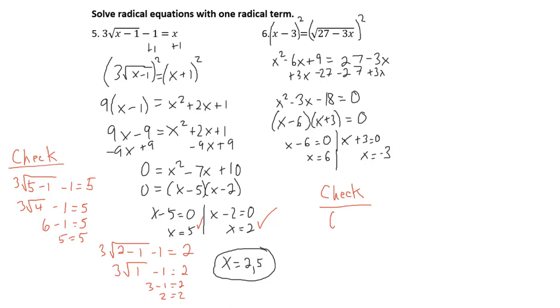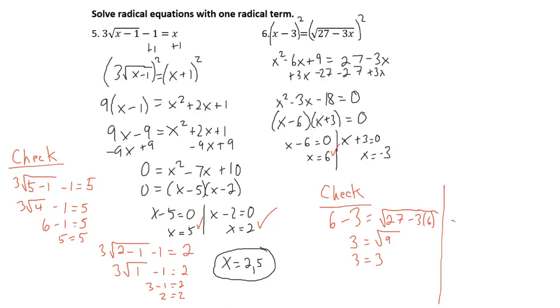And that will give us 6 minus 3 equals square root of 27 minus 3 times 6. So left side we have 3. 27 minus 18 gives us 9, so we have 3 equals 3. So that is correct.